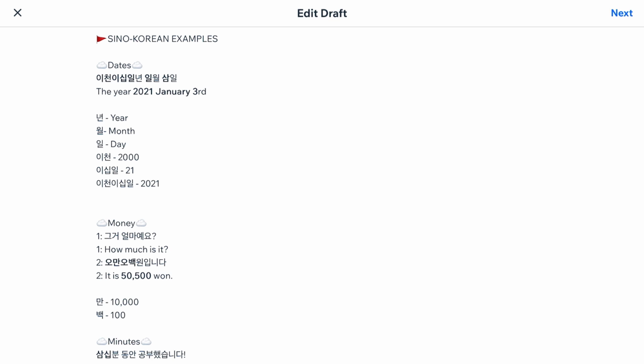Otherwise, it's like 2021 of what? What are you talking about? Make sure you put 년 for year. 1월, January, the first month. And 3일, third day. So make sure you put 년, 월, and 일 next to their counterpart. Otherwise, we're like 3 of what? 1 of what? You know.